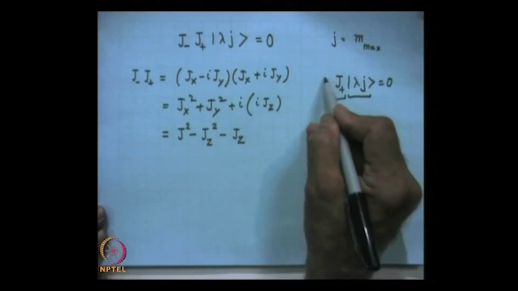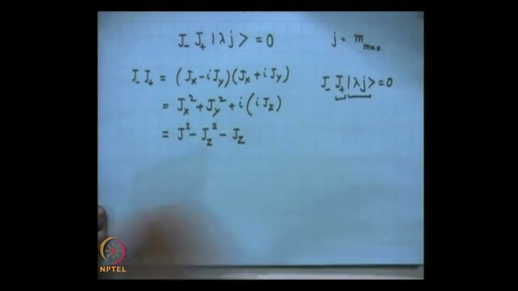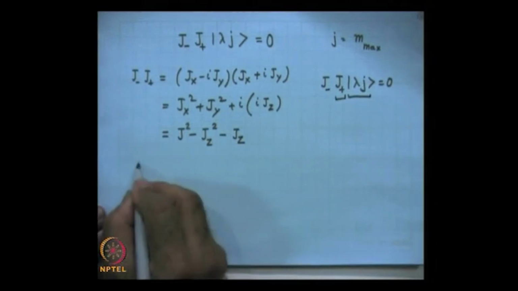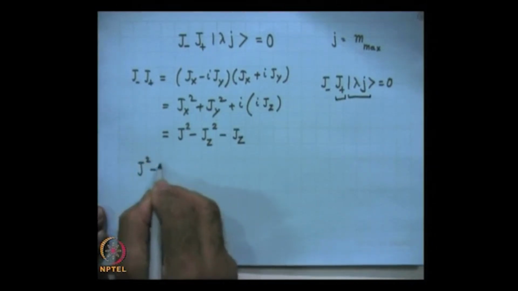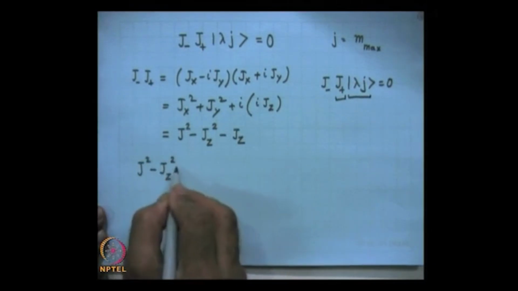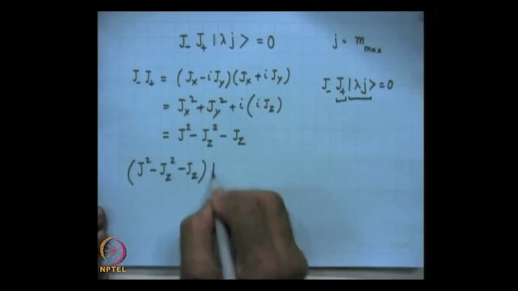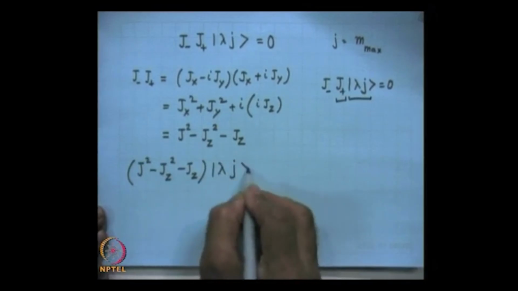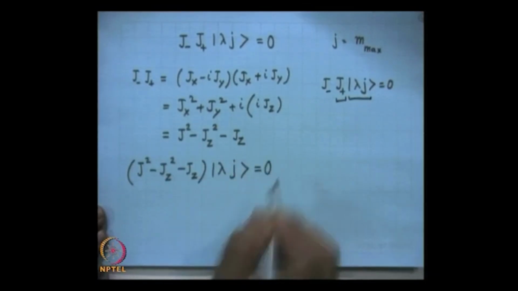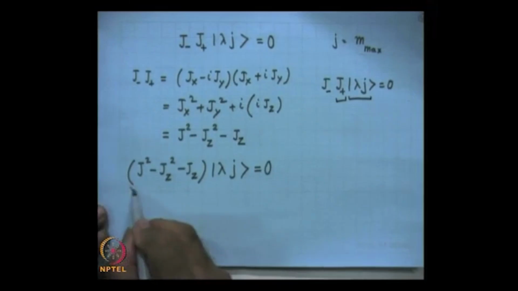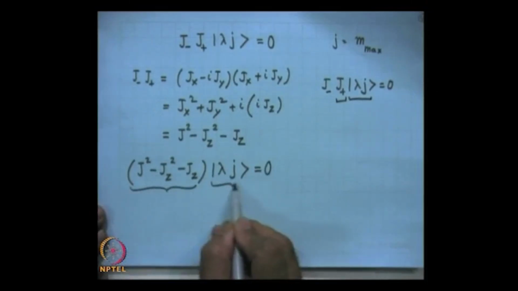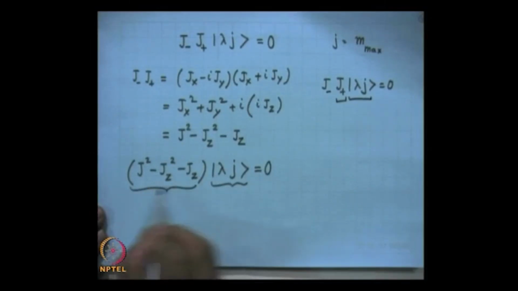So, I operate this by J minus. So, I get J square minus Jz square minus Jz operating on ket lambda j must be a null ket. This is a non-null operator, this is a non-null ket, but this operating on this is a null ket.